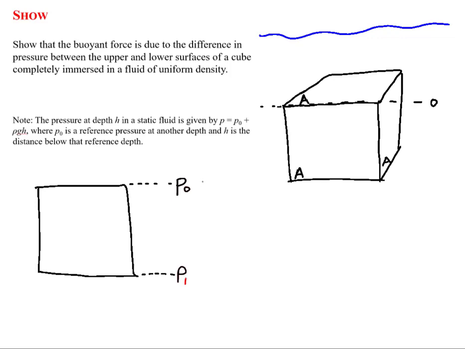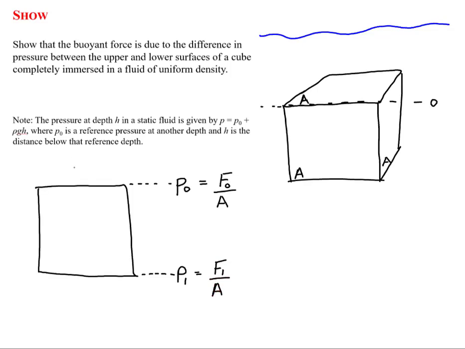Now remember, pressure is defined to be force over area. So the pressure at the top surface is given by the force at that top surface over the area. The pressure at the bottom surface is given by the force at the bottom surface over the area at the bottom surface.